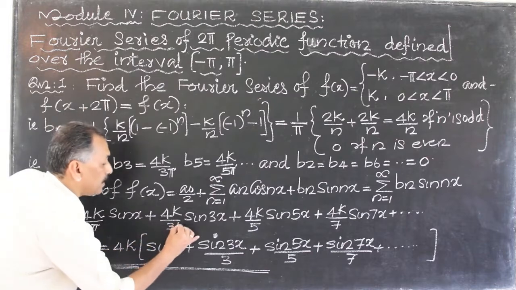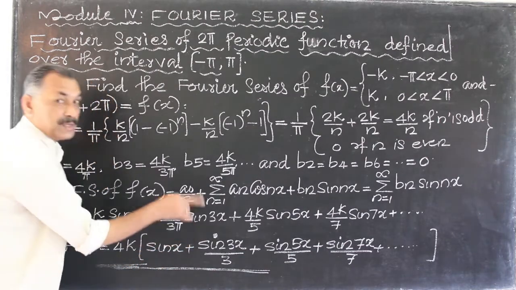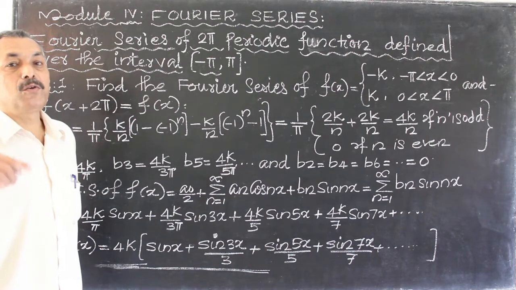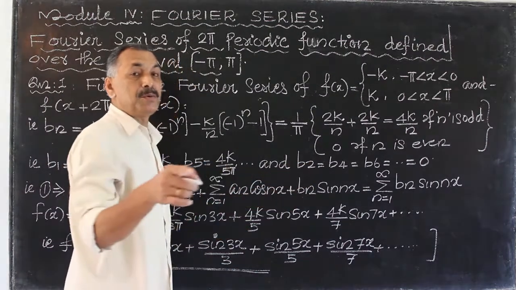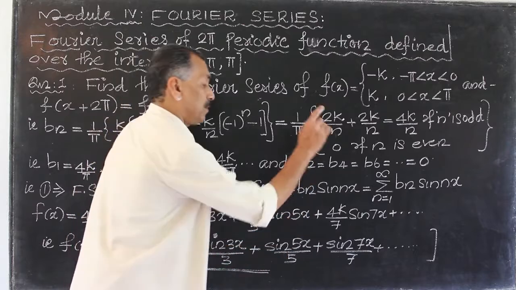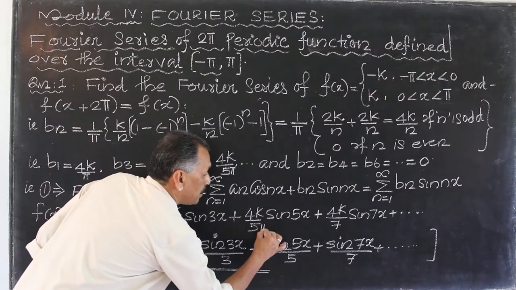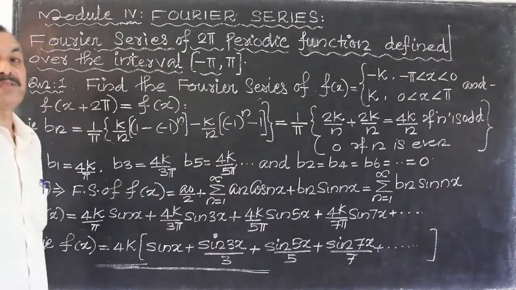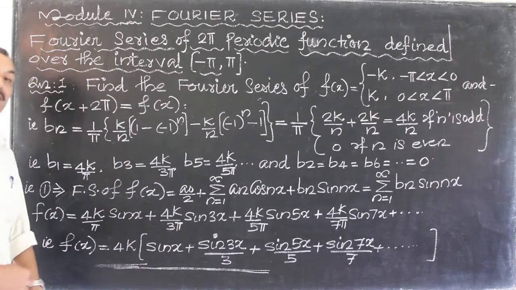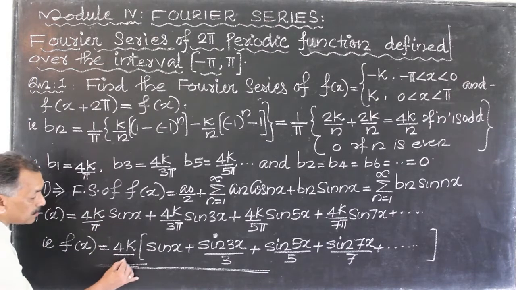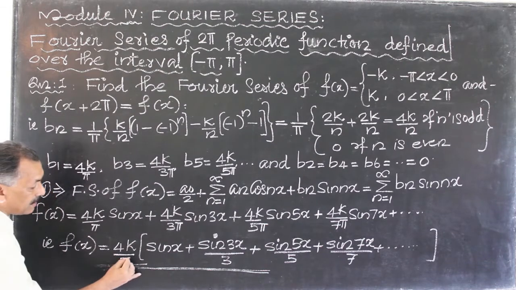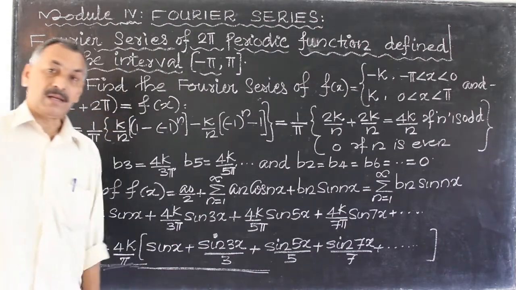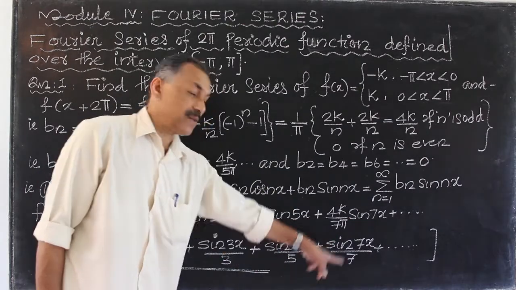Then 4k divided by 3 pi into sin 3x, because only the odd b's exist: b1, b3, b5, etc. What will the values of b2, b4, b6 be? They will be 0, so b2 into sin 2x, b4 into sin 4x, etc. all become 0. Next, 4k by 5 pi into sin 5x, and b7 is 4k divided by 7 pi into sin 7x. In all the terms, 4k divided by pi is common outside. Writing 4k divided by pi outside, f of x is equal to 4k by pi into sin x plus sin 3x by 3 plus sin 5x by 5 plus sin 7x by 7 plus etc.